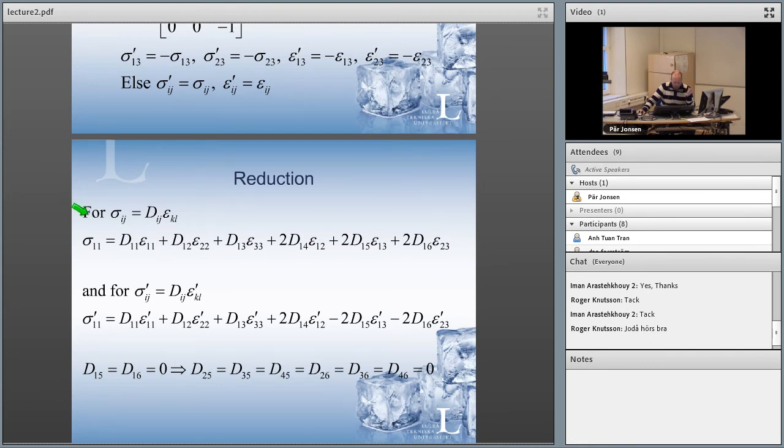So you have 7 positions more that you have to check. But as you know, they always follow in the same manner as you did for the first evaluation of the position. These will be minus, so you will have the same problem at these positions here also. So they also have to be 0. So then we'll put in a lot of zeros in this stiffness tensor. And this will reduce the constants a lot.